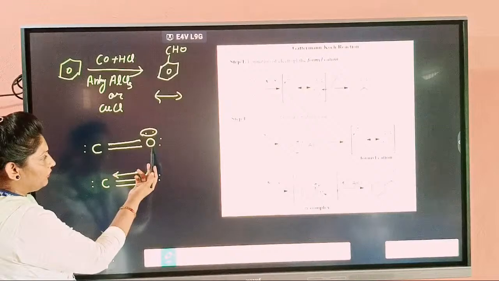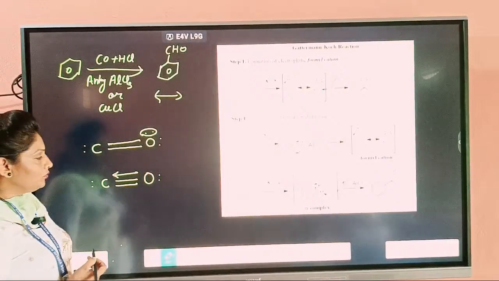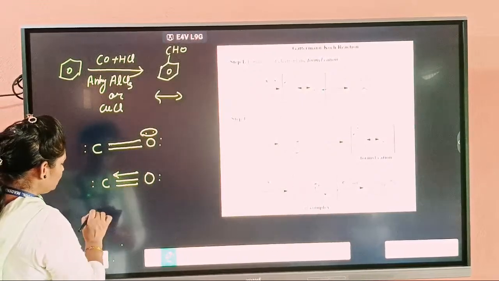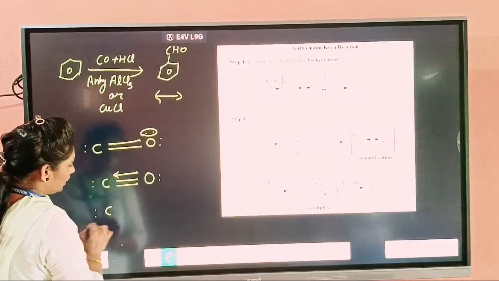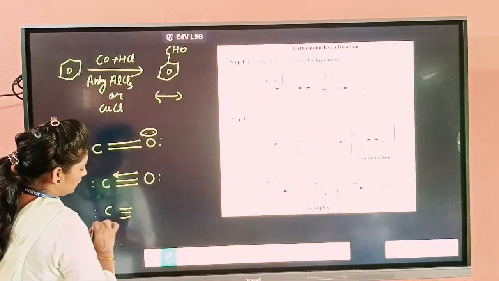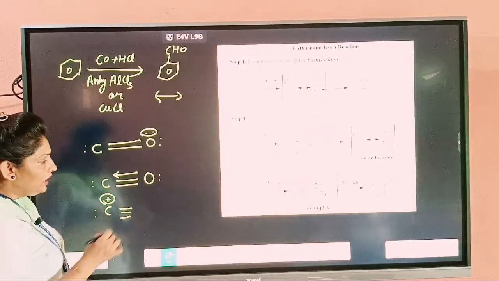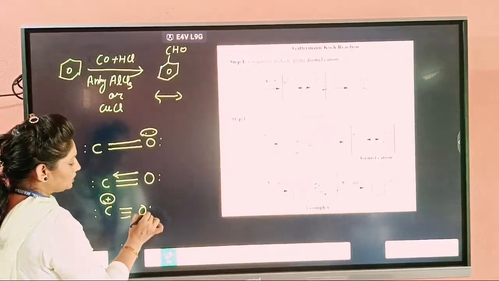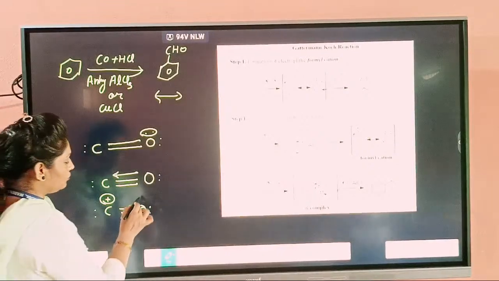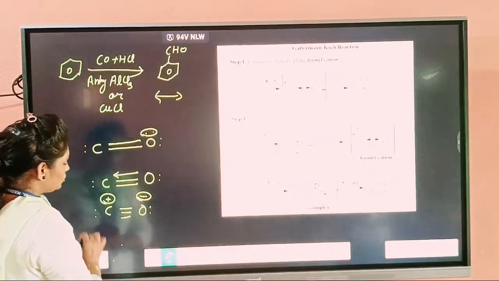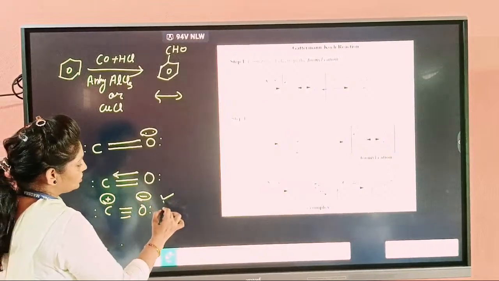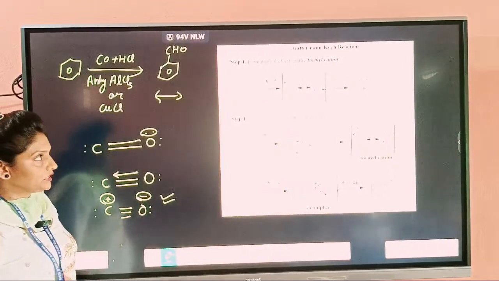Only oxygen is giving its electron pair to the carbon. So we can write the structure in this way. Carbon is gaining the electron, so a positive charge will be on this one, and oxygen is losing the electron, so a negative charge will be on this.